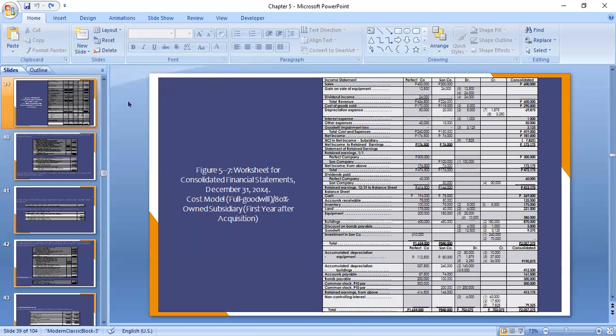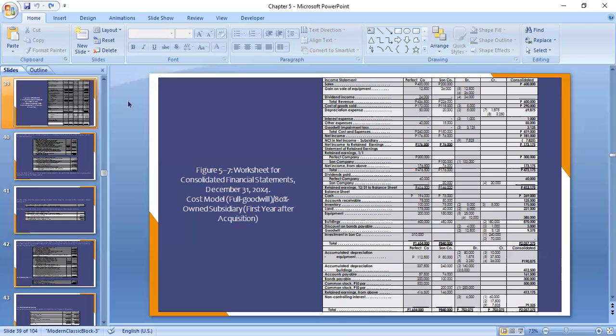That's on discount on bonds payable. Then we have other expenses. We have the goodwill impairment loss for after this.